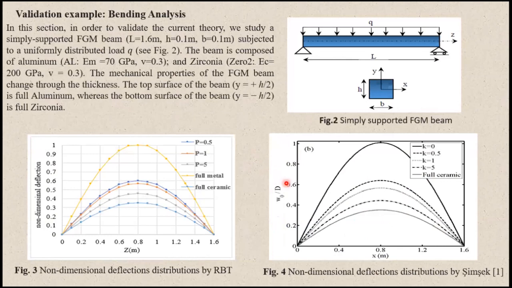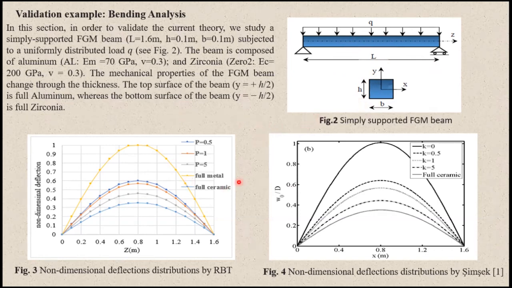In order to verify the current theory, we have an example of bending analysis. We study a simply supported FGM beam subjected to a uniformly distributed load, and the mechanical properties of this beam change through the thickness according to power and exponential distributions.